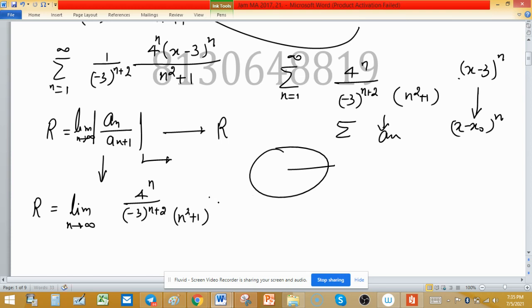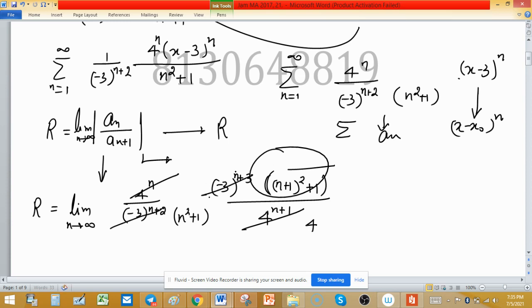When we put the value of a_(n+1), we get (minus 3) raised to the power n plus 3, and within brackets (n plus 1) square plus 1, and in the denominator 4 raised to the power n plus 1. So it will cancel out and 4 will remain here, and you can see one power is extra, so minus 3 will remain here.